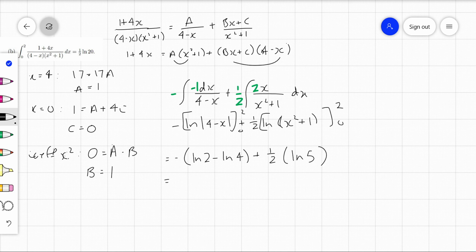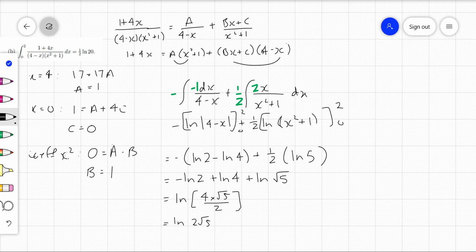Alright, so we know this is a show that, and it wants us to put all the logs together, so let's just do this first. That's log 2, this is a plus log 4, this would be, if I made it just log there, root 5, if we do them all together, we've really got here a 4 and a root 5 and a divided by 2, which we know is log 2 root 5.